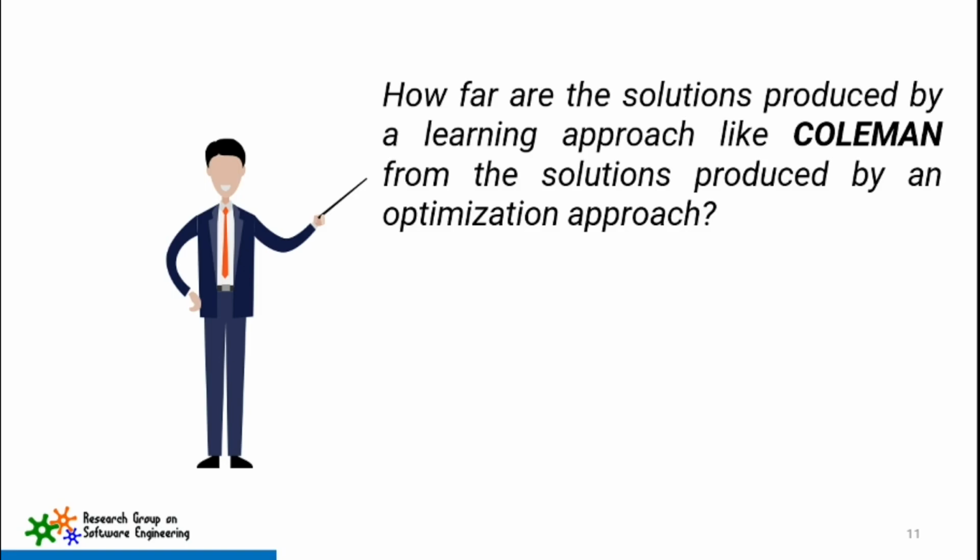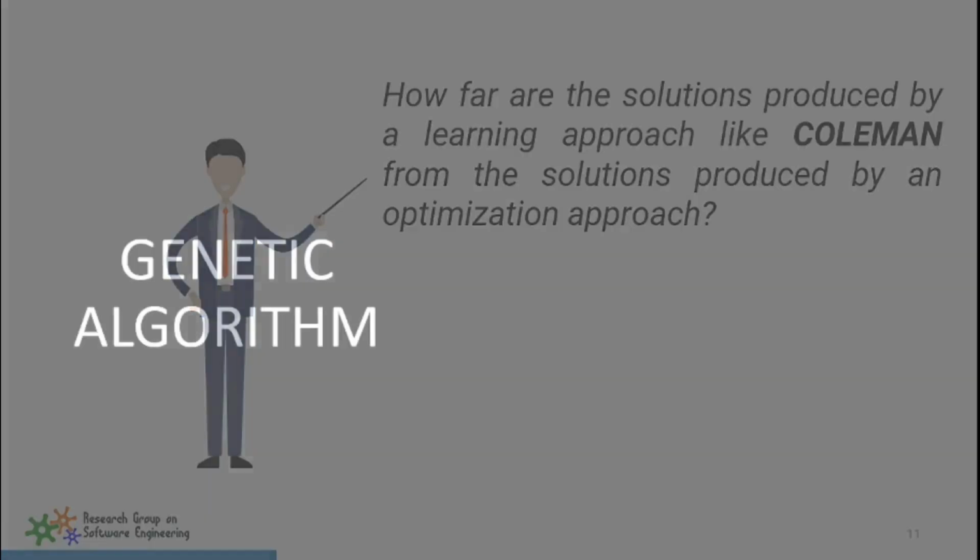Given the fact that search-based approaches consume much time to execute and are not suitable to the CI environment, a question that arises is, how far are the solutions produced by a learning approach like COLEMAN from the solutions produced by an optimization approach? This work aims at answering this question.